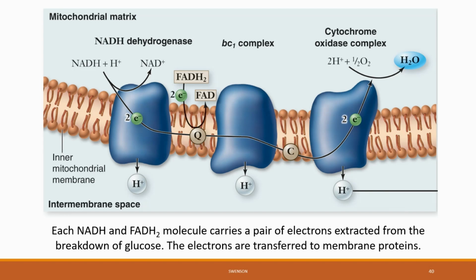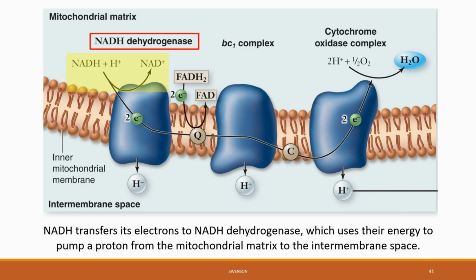Each NADH and FADH2 molecule carries a pair of electrons extracted from the breakdown of glucose. Those electrons are transferred to membrane proteins. We see here 3 of them. So let's begin with NADH.